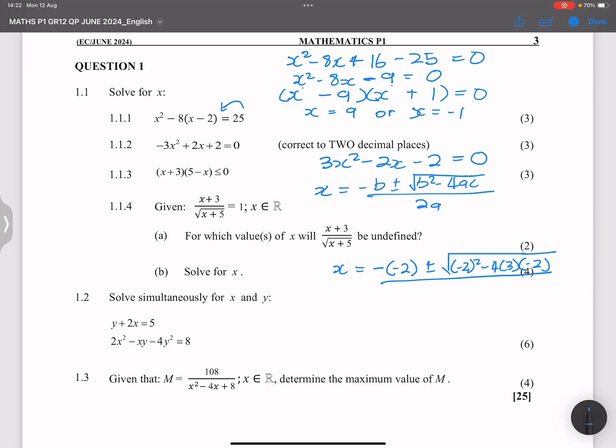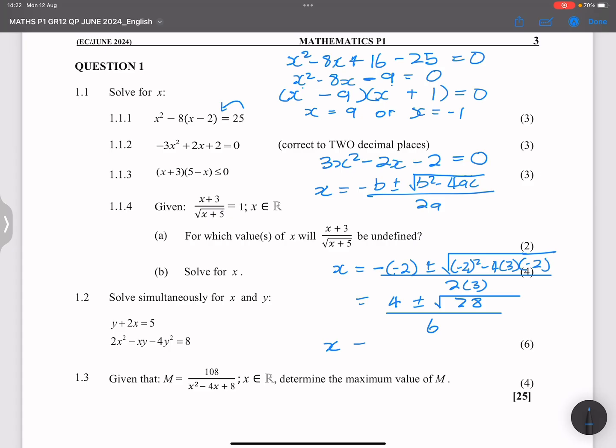And this is divided by 2 times 3. So that gives us 4 plus minus the square root of 4, plus, because a negative times a positive times a negative gives us a positive, 4 times 3 is 12 and times 2 gives us 24. So that's 4 plus 24, which gives us 28. And we divide that by 6.